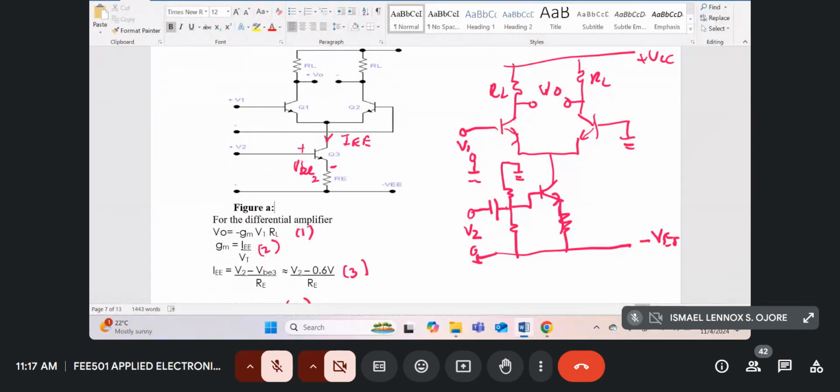Could somebody tell me, those of you who are doing multipliers in 5th-year labs, can you tell me which circuit you're using? Is it this circuit? Anybody in 5th year?